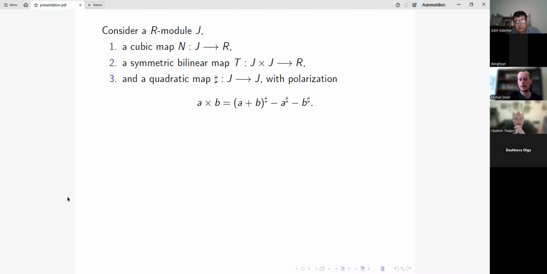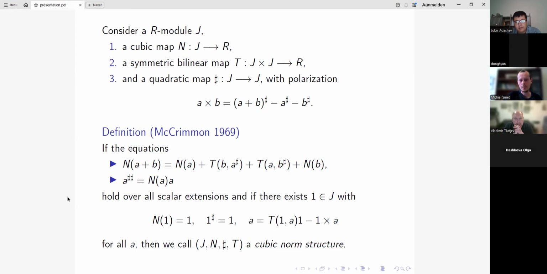So you have a certain amount of maps. You have a cubic map N, a symmetric bilinear map T, and a quadratic map sharp. And being quadratic means that the polarization, as you see on the slide, should be bilinear. Okay, so now you can define cubic norm structures.